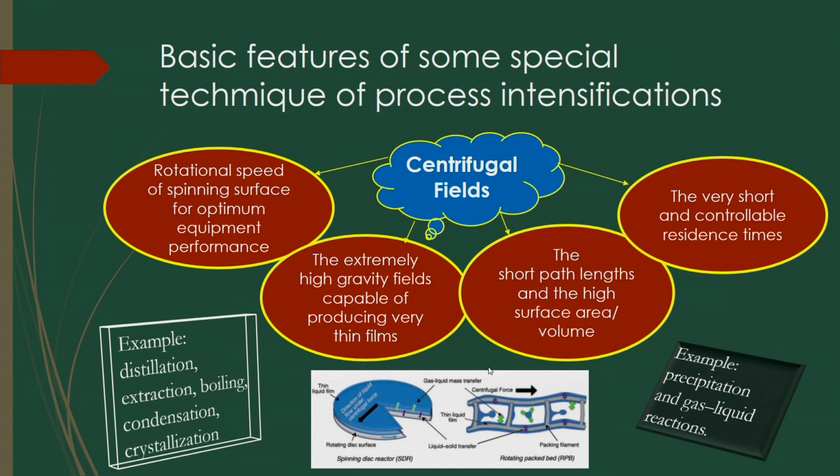Sometimes some catalyst particles will not reside in a column because they are much lighter than water. In that case the inverse fluidized bed is also an important process intensification, where the catalyst particles can be controlled by moving them in the downward direction against their buoyancy. That is why the inverse fluidized bed is coming.